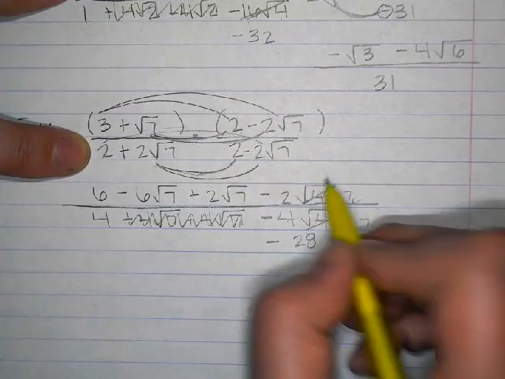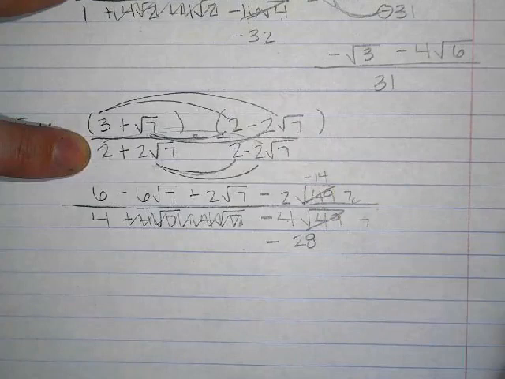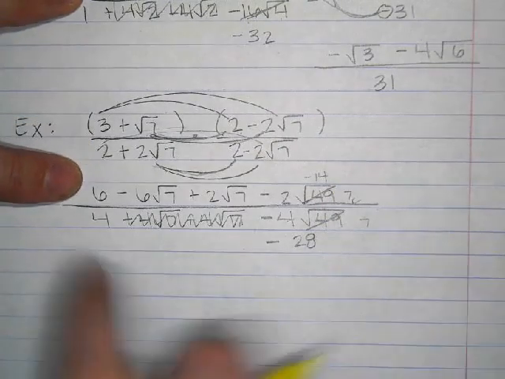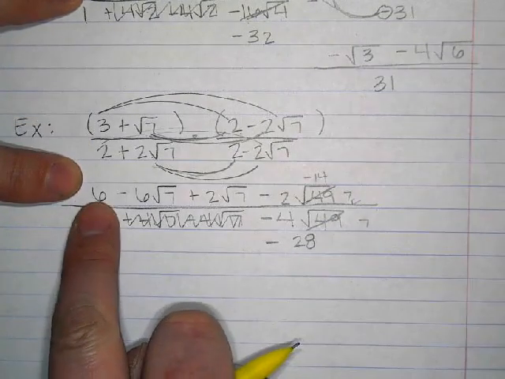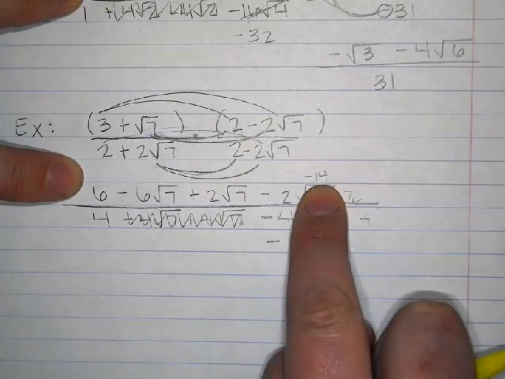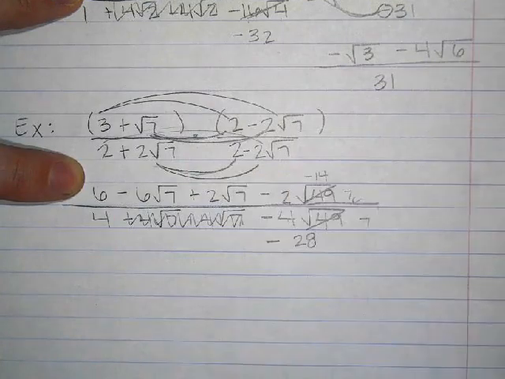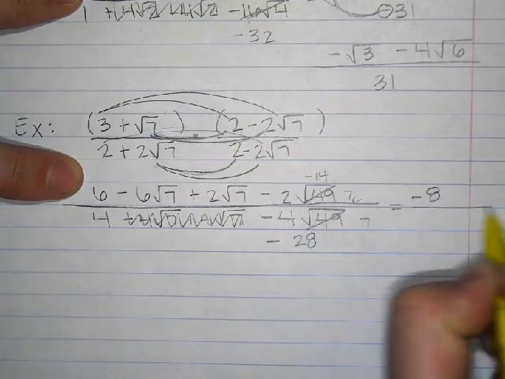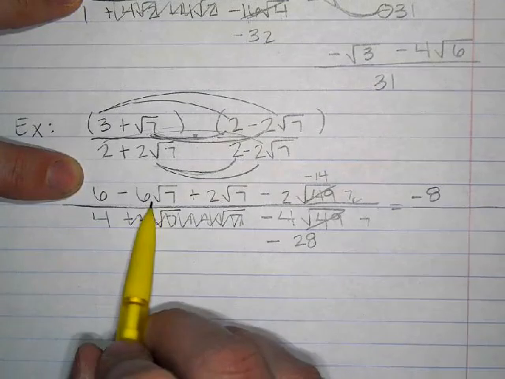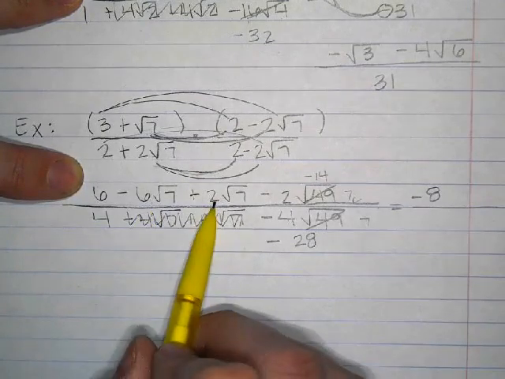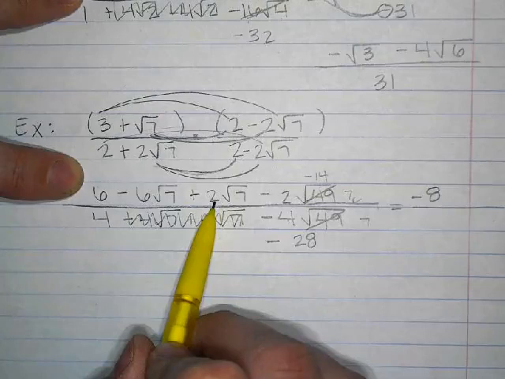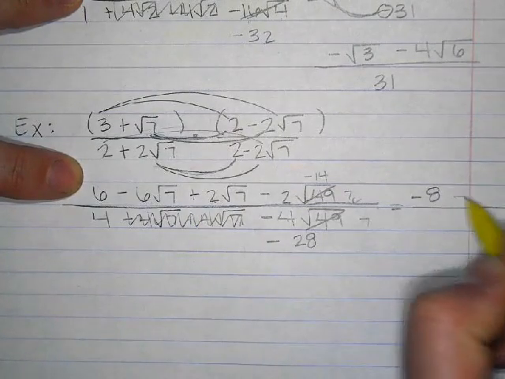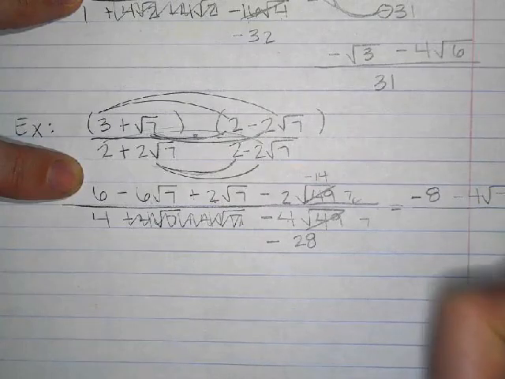So we've got 6 minus 14. 6 minus 14 is negative 8. Okay. We've got negative 6 root 7 and positive 2 root 7. Negative 4 root 7. Okay. And then on the bottom, we have 4 and negative 28.